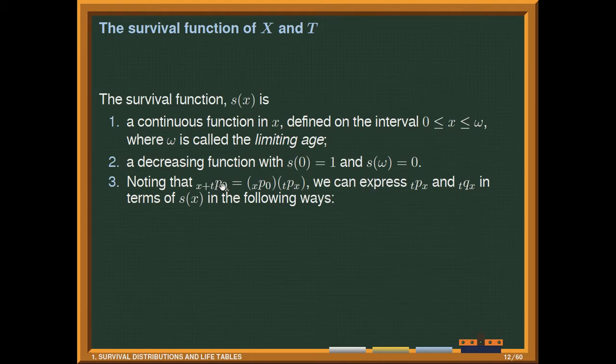Noting that this can be written in terms of the survival function of X, we can write tpx as the survival function evaluated at x plus t over the survival function evaluated at small x.